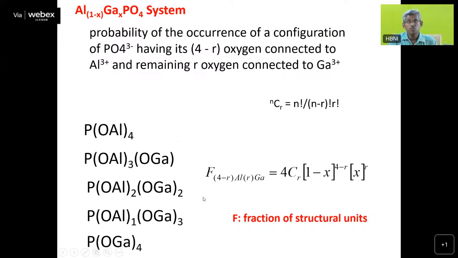So the fraction of the aluminium structural unit with R gallium as next near neighbors and 4 minus R aluminium as next near neighbors is given by this type of expression: 4CR into X to the power R into (1 minus X) to the power 4 minus R, where X is this small x. NCR is n factorial divided by (n minus R) factorial into R factorial. So this is the typical expression based on the binomial distribution.